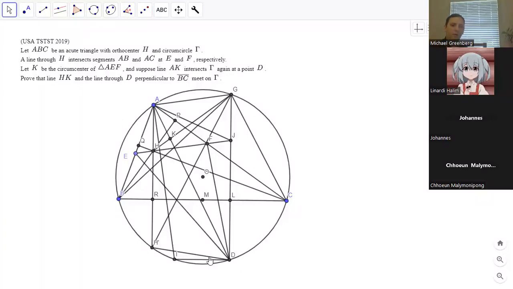So is it well known that AD is the angle bisector of EDF? I think that can be angle chased.